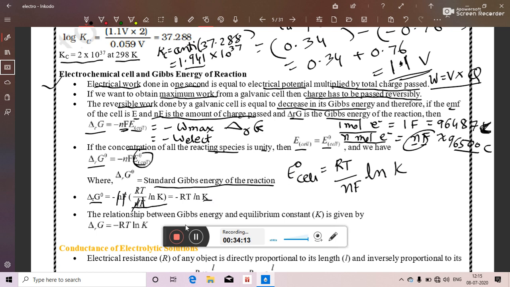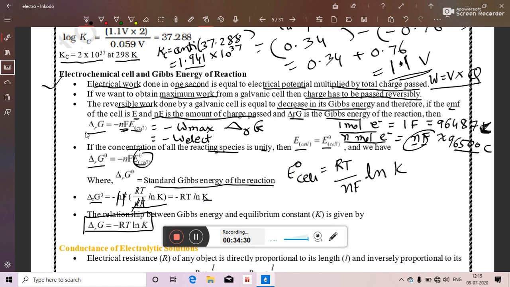If the cell is non-standard, then we will remove the naught sign. So delta G of reaction is equal to minus RT natural log of K. So two equations of delta G of reaction are there.